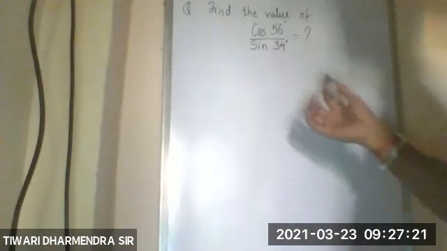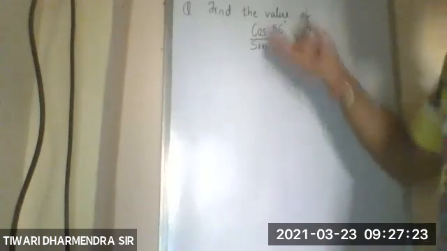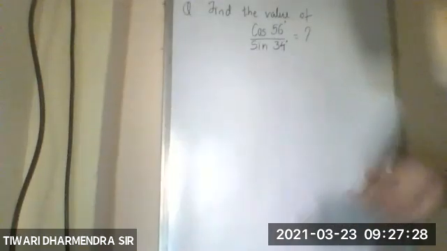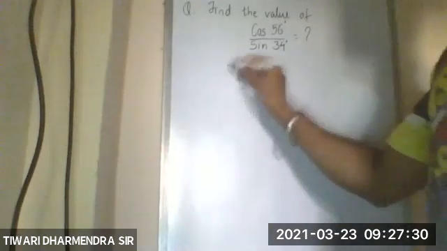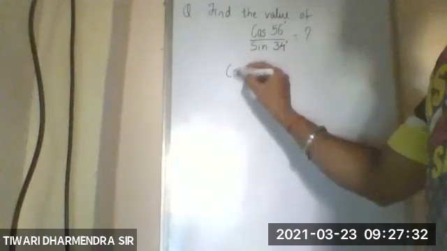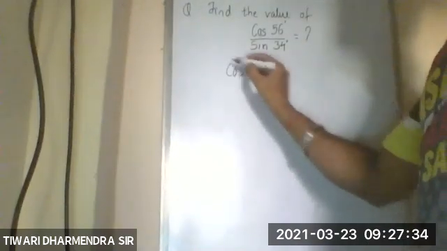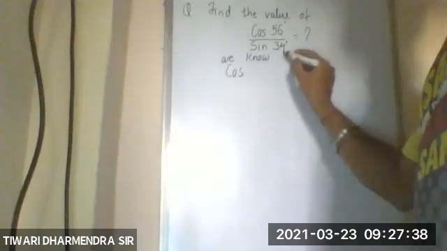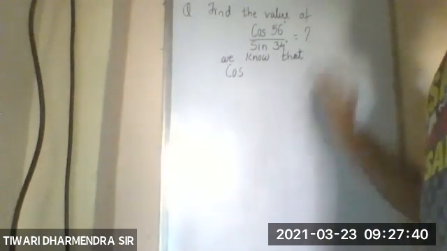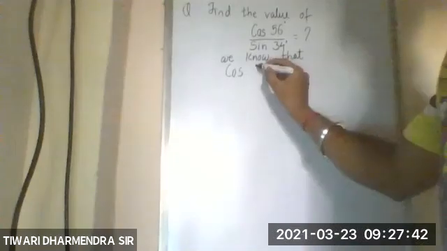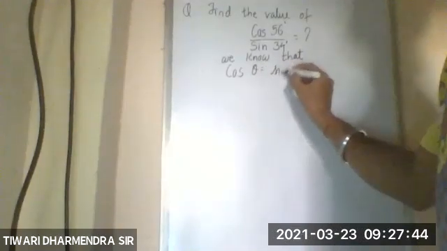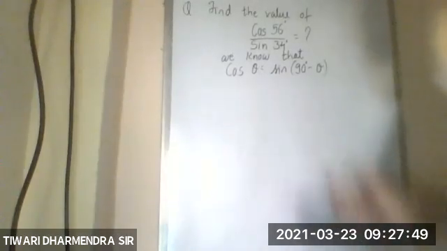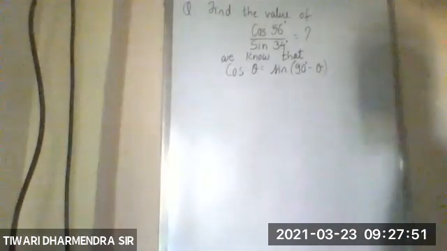As we know that we have a relation, we either convert sine to cos or cos to sine. We'll convert cos to sine. We know that cos theta is equal to sine of 90 minus theta, as we have derived earlier today.